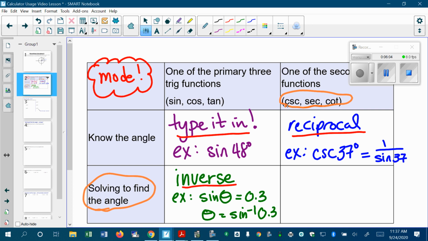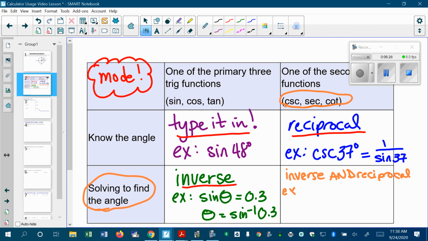So in this case, you're going to do a combo. You're going to use the inverse and you're going to use the reciprocal. But like a lot of things in math, the order matters. And rather than memorizing, I would advise that you just kind of know what the logic is.